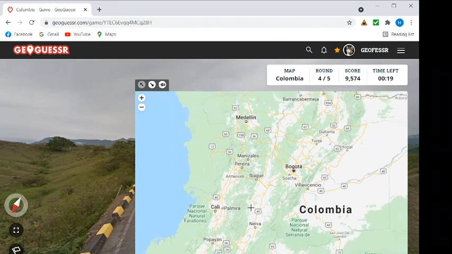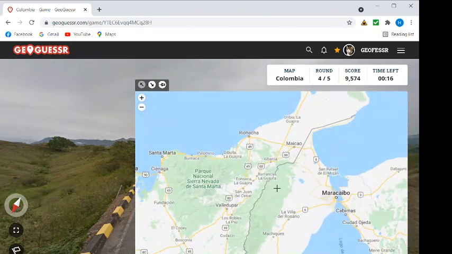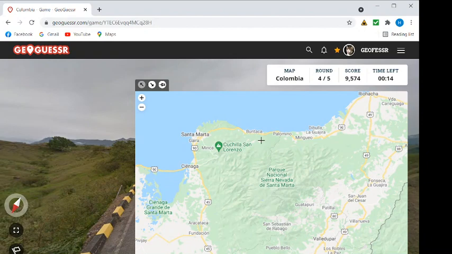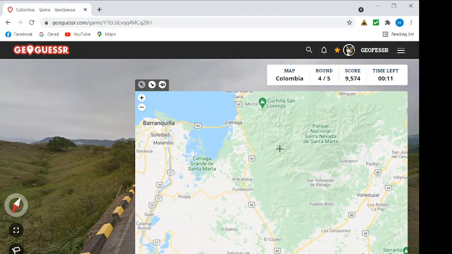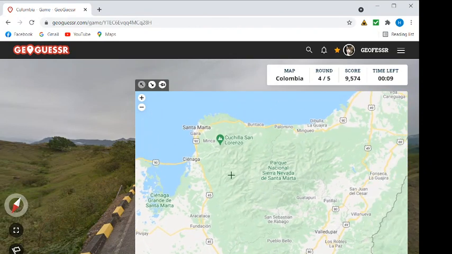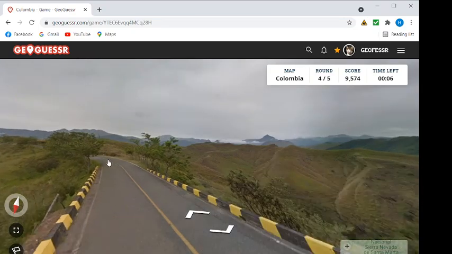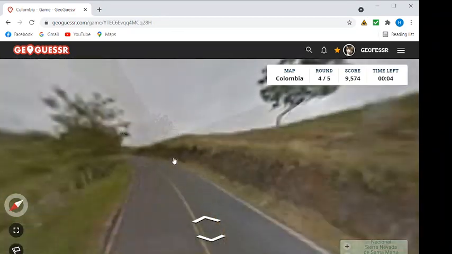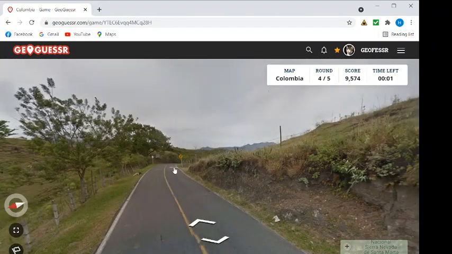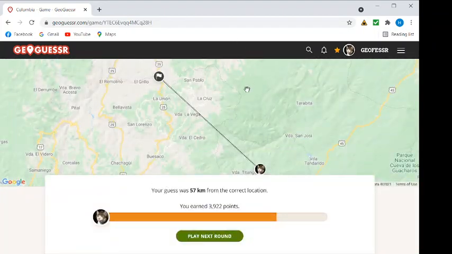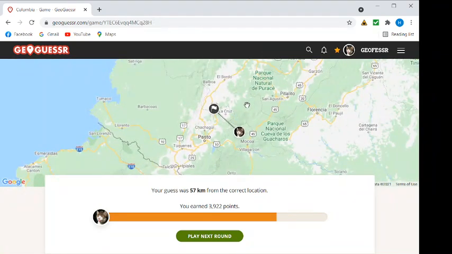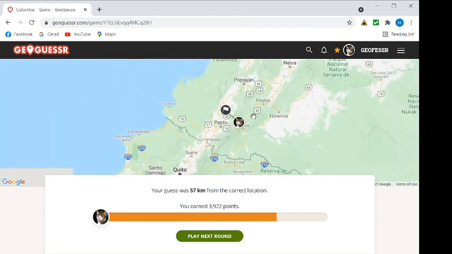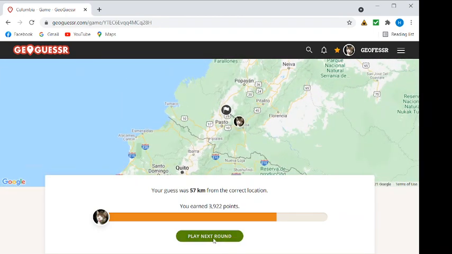I think this is down here. Although, come to think of it, maybe parts of this could be a possibility. But I think this area is probably rainier and would not look as much like this. Okay, and so without any clear geographical clues, I still got 57 kilometers off. So that was I guess a good round given what we had.